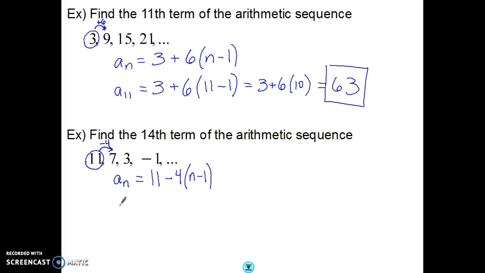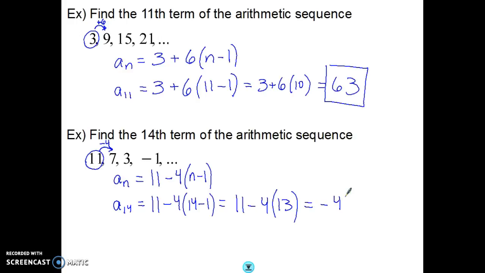And we're looking for the 14th term, so to find a sub 14, we're just going to plug in 14 for n. And again, with some relatively simple arithmetic, we can finish this problem off. This is 4 times 13. 4 times 13 is 52. 11 minus 52 is negative 41.